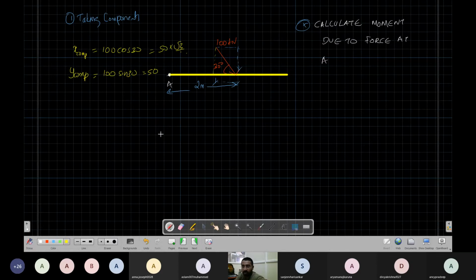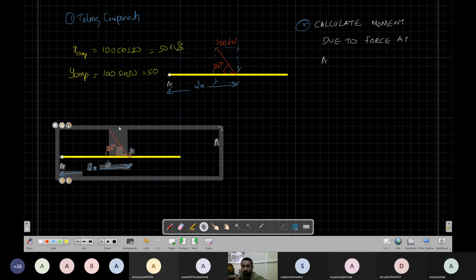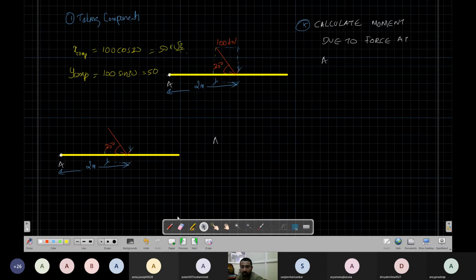Okay, so I can replace this force by adding two components. This is my y component, 50, and this is my x component, 50 root 3.